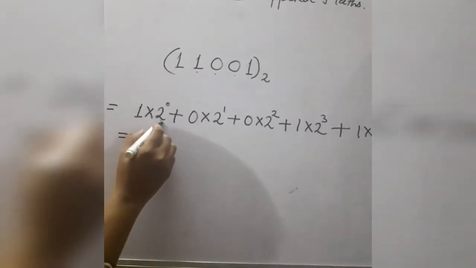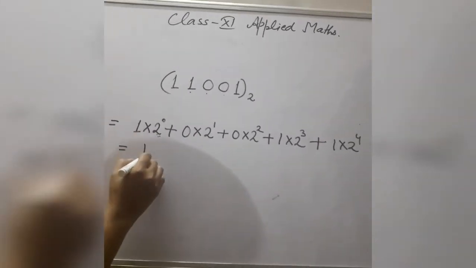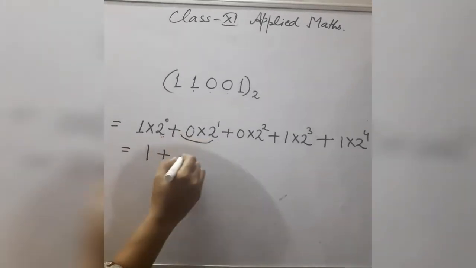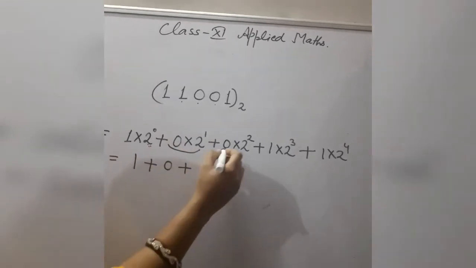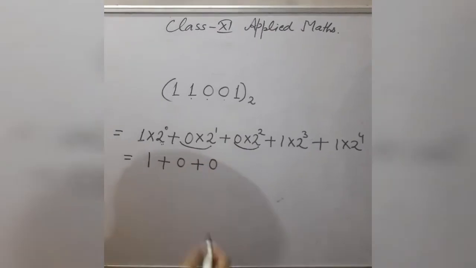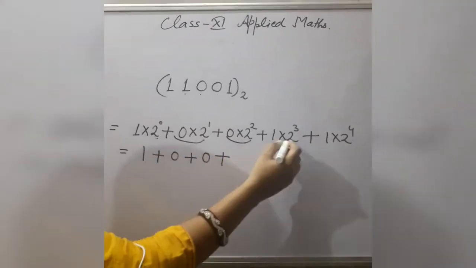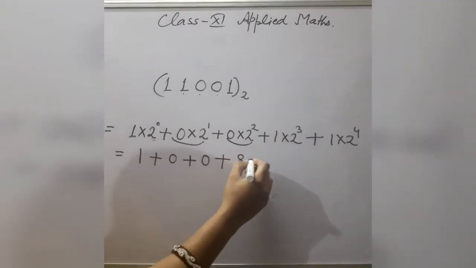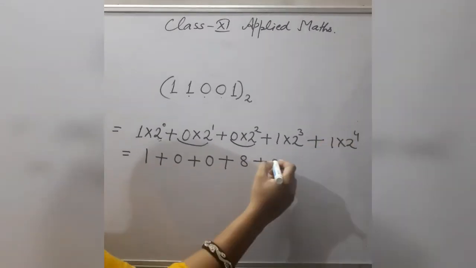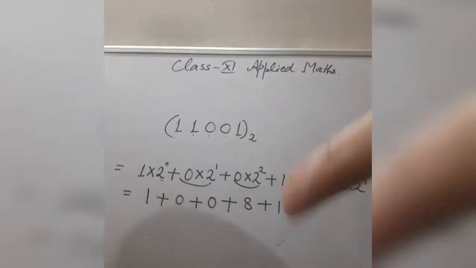Now simplify it. 2 raised to power 0 is 1, 1 into 1 is 1. 0 multiplied by any number gives you 0. Here also 0 multiplied by any number gives you 0. 2 raised to power 3 is 8. 2 raised to power 4 is 16. 16 multiplied by 1 gives you 16.